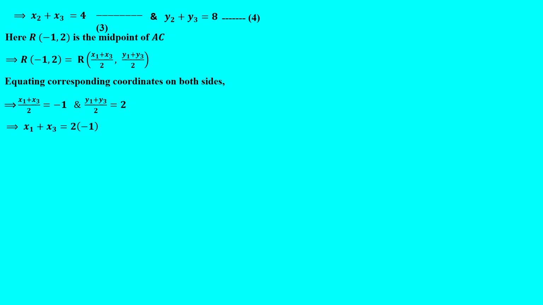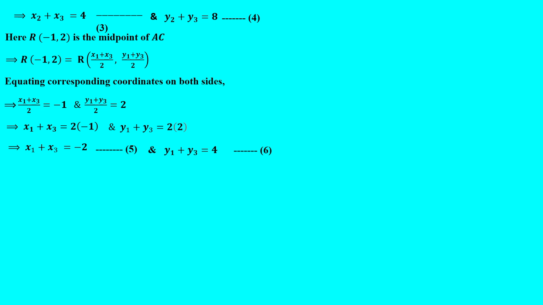Cross multiplying, x1 + x3 is equal to 2 into -1 and y1 + y3 equals 2 into 2. That is x1 + x3 equals -2, equation number 5, and y1 + y3 equals 4, equation number 6. So now we are going to solve the six equations 1, 2, 3, 4, 5 and 6.